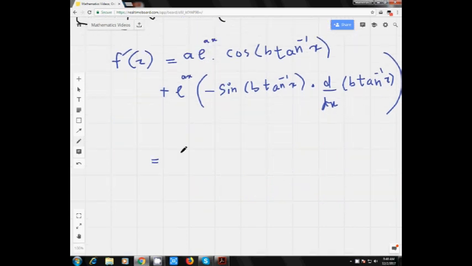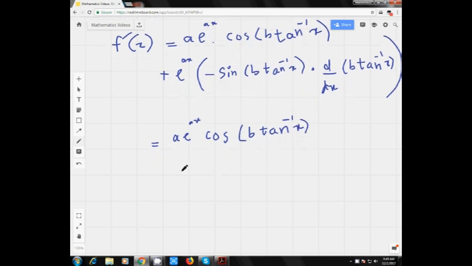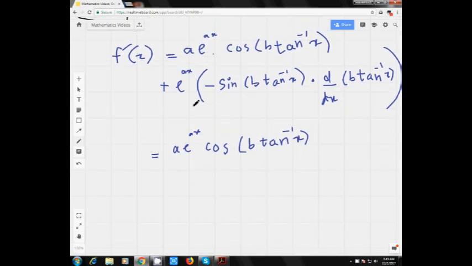Further simplify it, you might get e raised to the power ax, first expression has to be written as itself. Next is plus and minus. When they get multiplied, you get minus e raised to the power ax sine of b times tan inverse x.